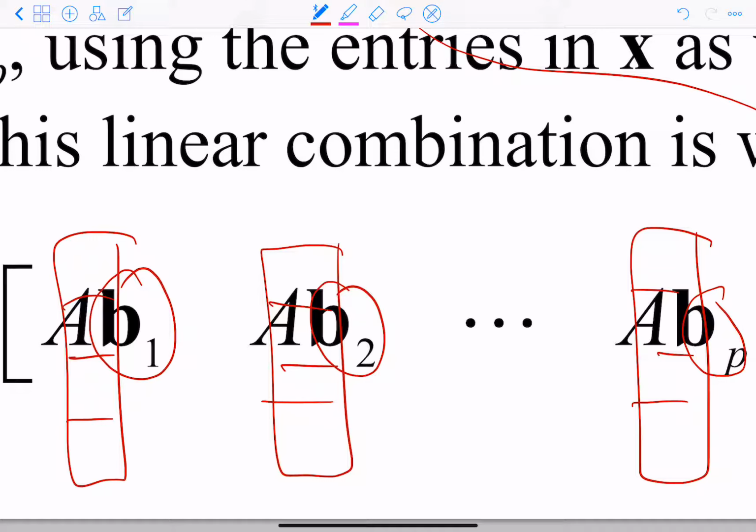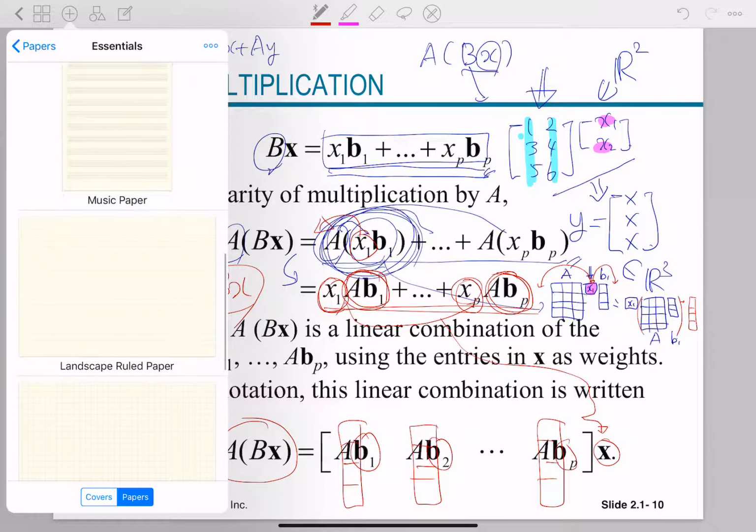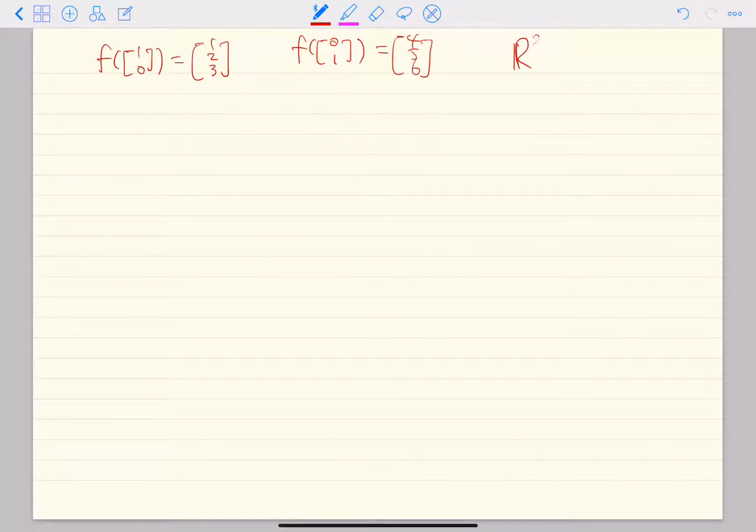And if you remember the linear transformation that we studied, the standard matrix. Do you remember that term? So if you remember, f of (1,0) is (1,2,3), and f of (0,1) is (4,5,6), and suppose this transformation is linear, mapping the 2-dimensional vector into a 3-dimensional vector. In this case, how is our transformation defined?